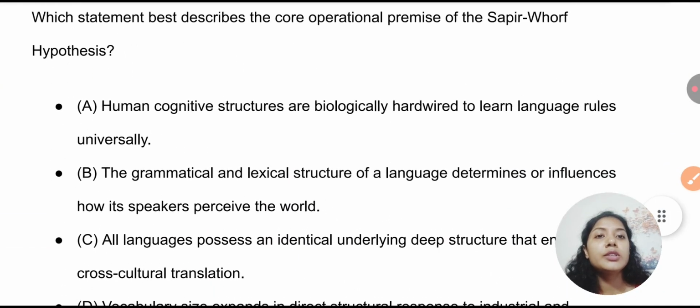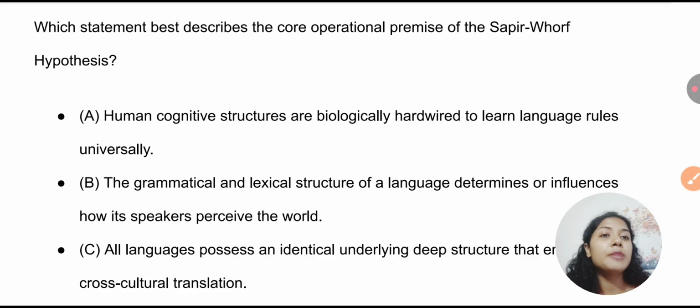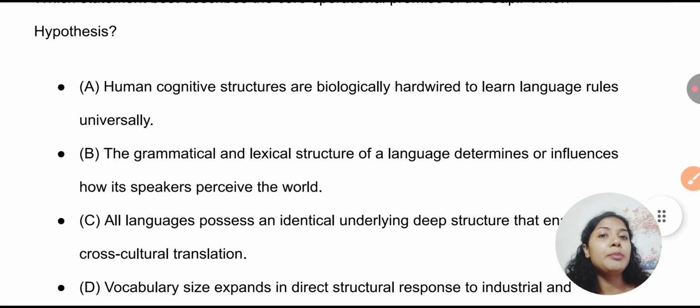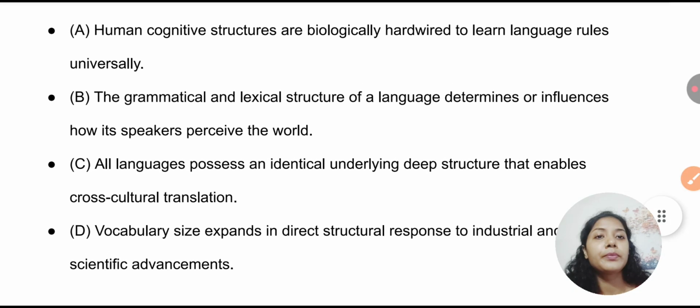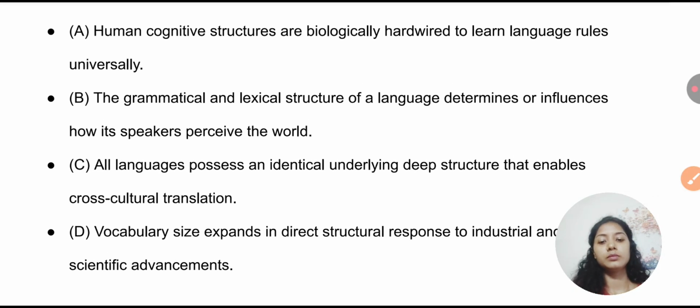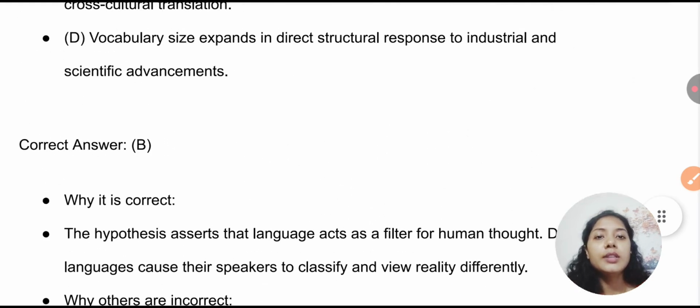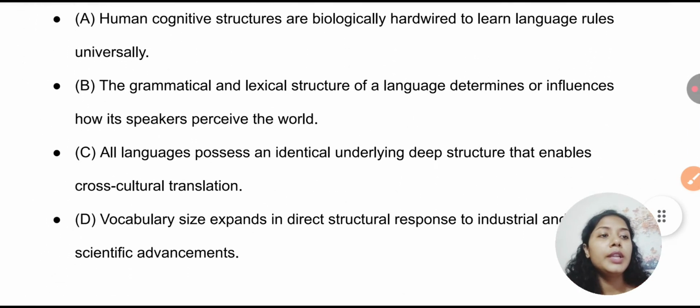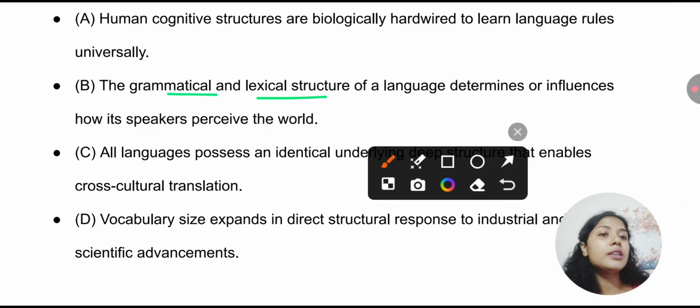Now see the question. Which statement best describes the core operational premise of the Sapir-Whorf hypothesis? Correct answer is option B. They talked about how the grammatical and lexical structure of language determines or influences how its speakers perceive the world.